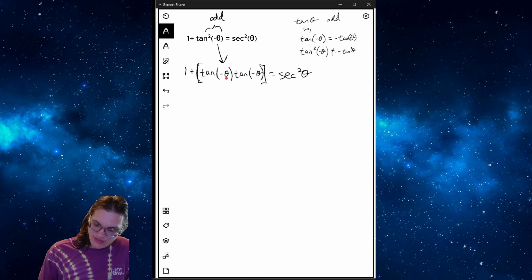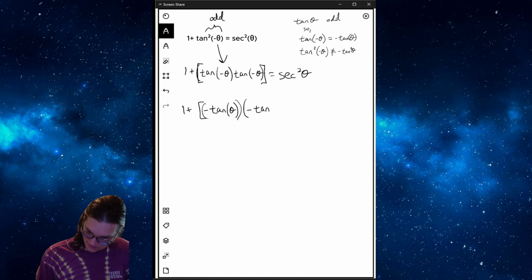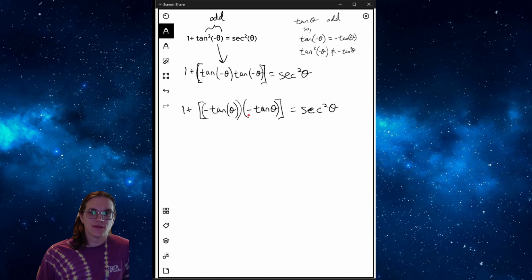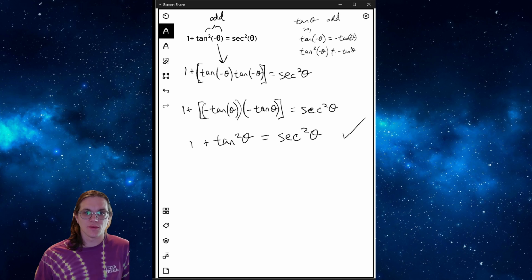And then each of these I'm allowed to say is negative tangent of theta times negative tangent of theta. So these two negative thetas being multiplied by one another result in a tangent squared theta, positive. So 1 plus tangent squared theta equals secant squared theta, and that is our identity that we're looking for.